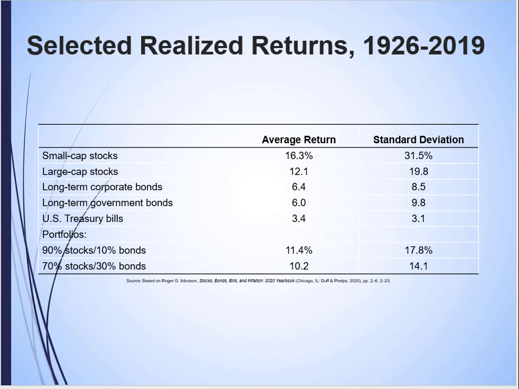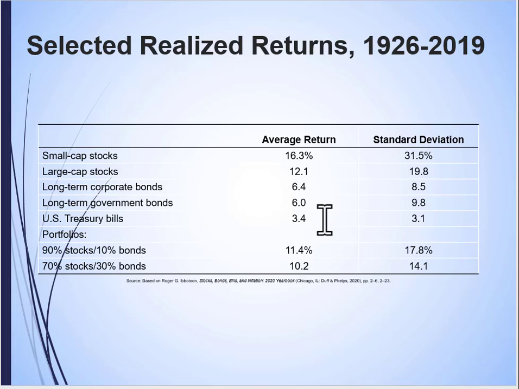So let's think about some realized returns, things that actually happened. From 1926 to 2019, this data shows us averages. Let's start here in the middle. United States Treasury bills, on average, earned about 3.4%.